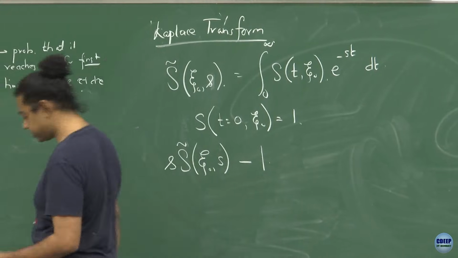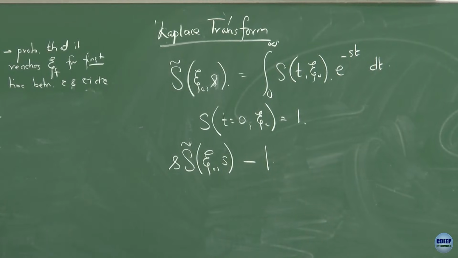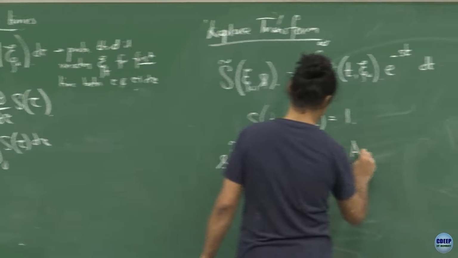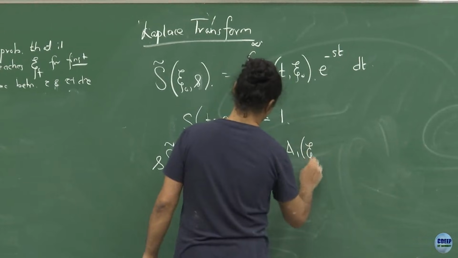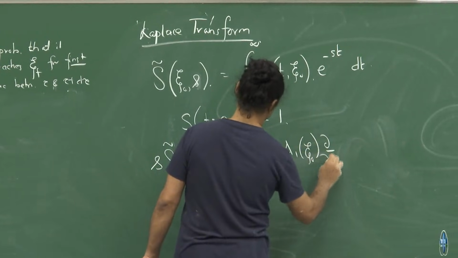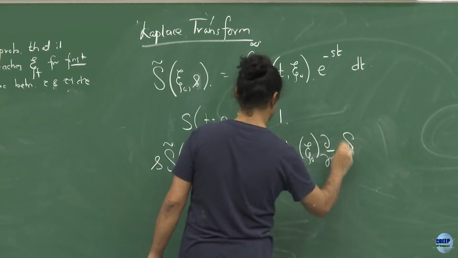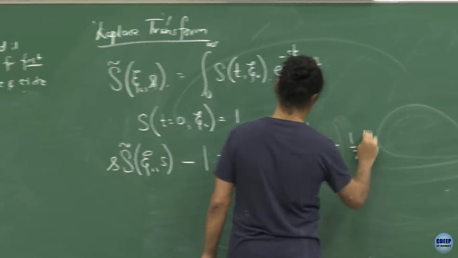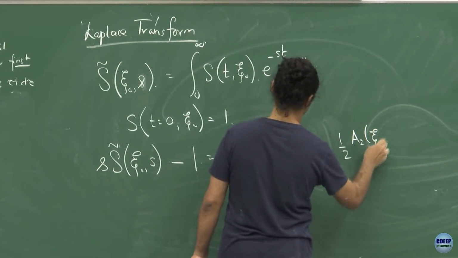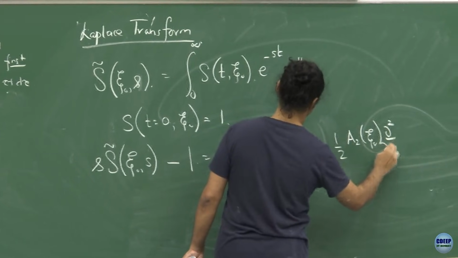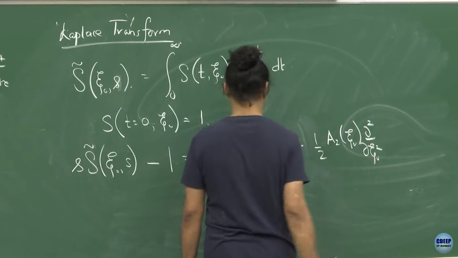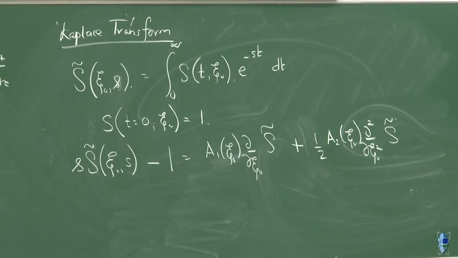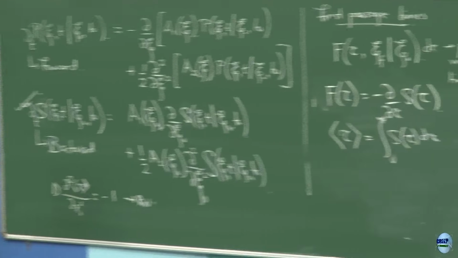That's my initial condition. And then on the right I will just get these S tildes: a1 of xi naught del del xi naught of S tilde plus half a2 of xi naught del 2 del xi naught square of S tilde. So I've just taken the Laplace transform of both sides of this equation.